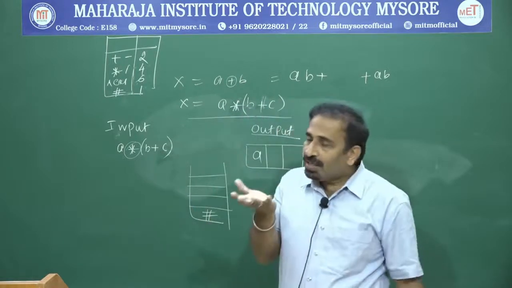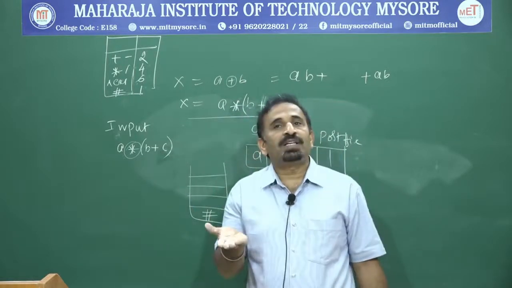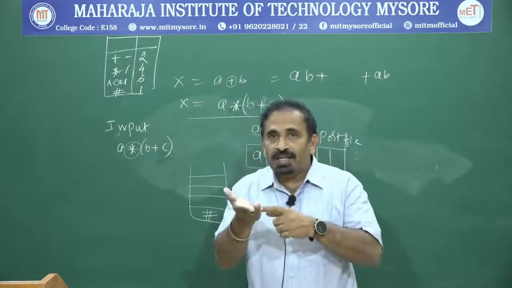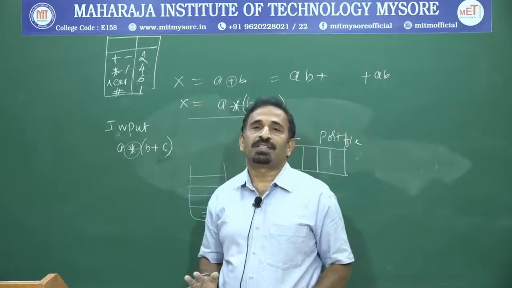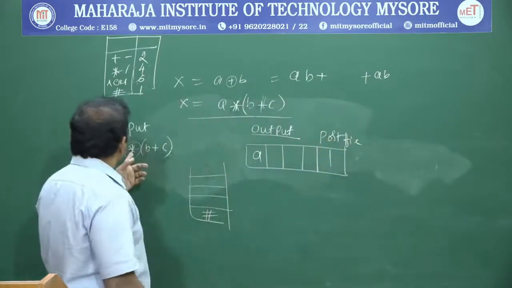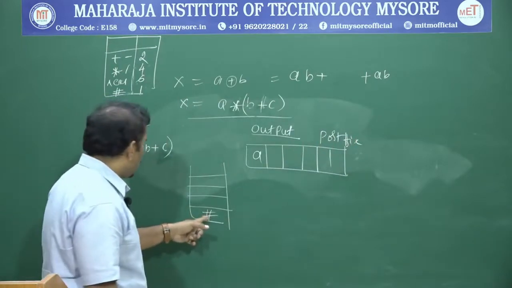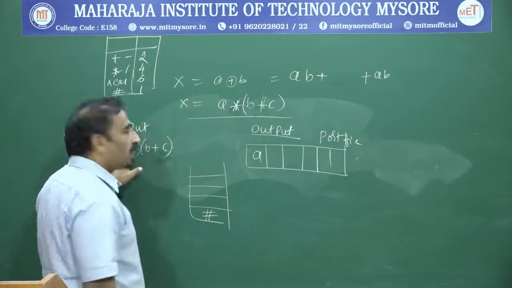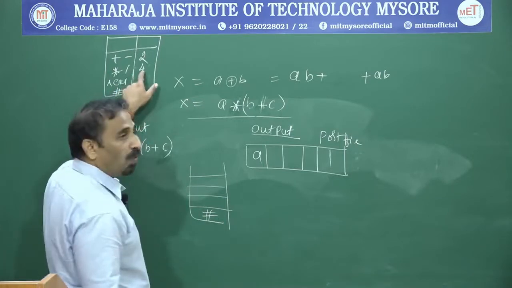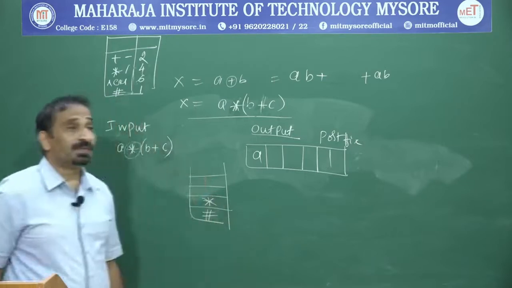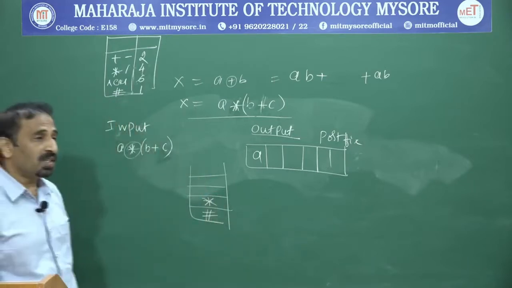You have to ensure that on the lower, higher can sit. On the higher, lower cannot sit. So this is the simple logic. Since the stack top is hash, its precedence is 1, star's precedence is 4, I can transfer star over here.